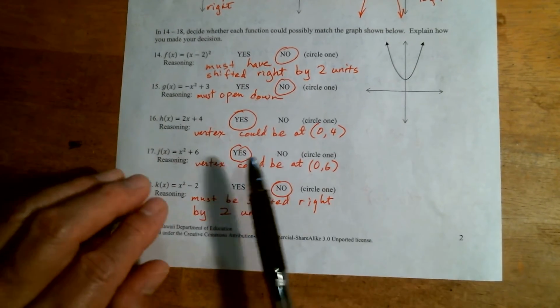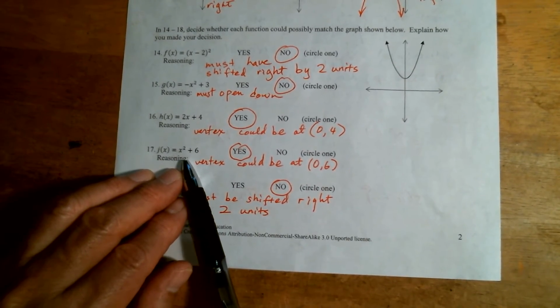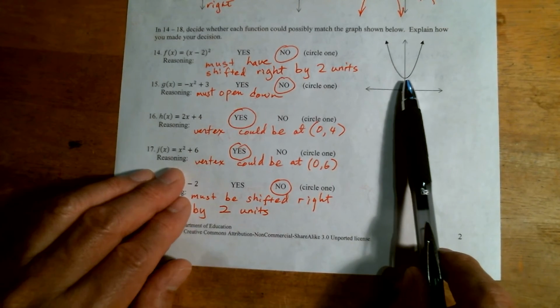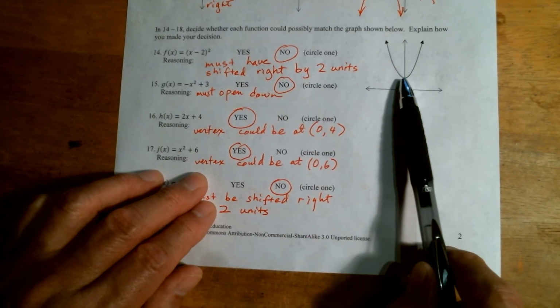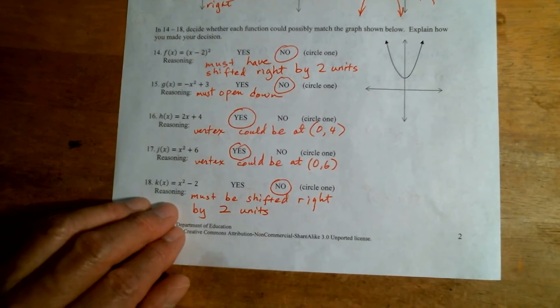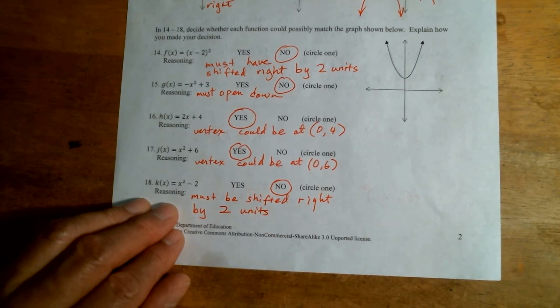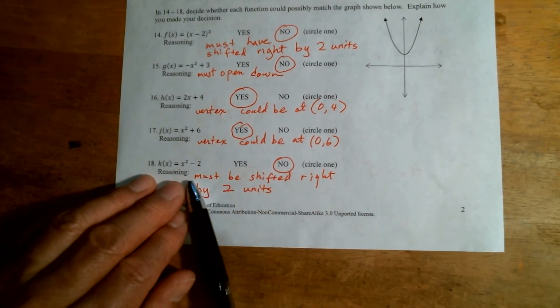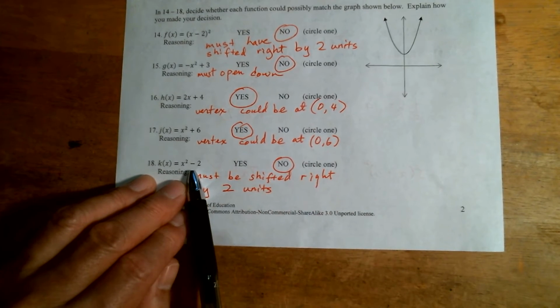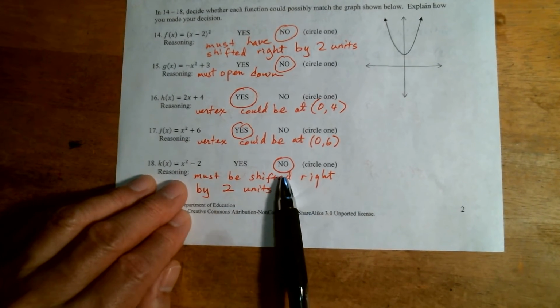How about this one? g of x, x squared plus 6. Could be. That could be the parent function moved up by 6 units up the y-axis. So I circle yes. Now how about this one? k of x. This one would be no. Wait.